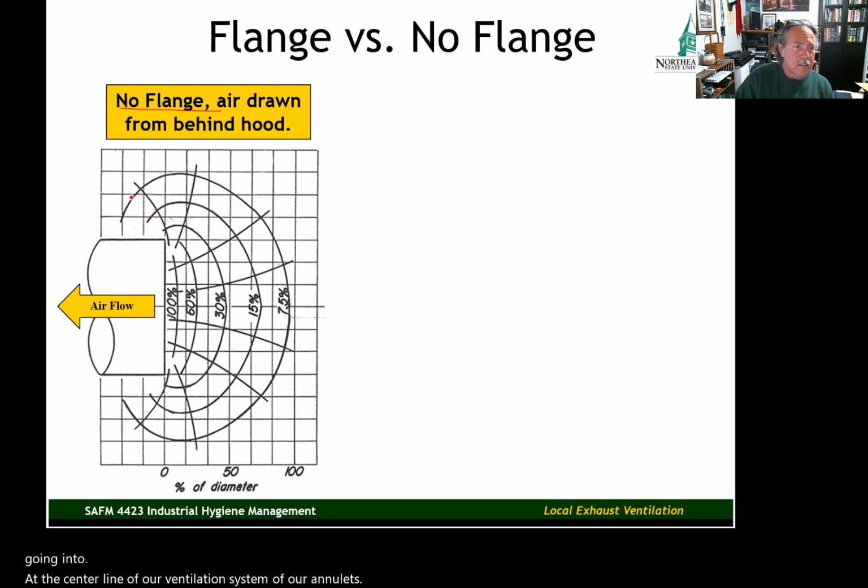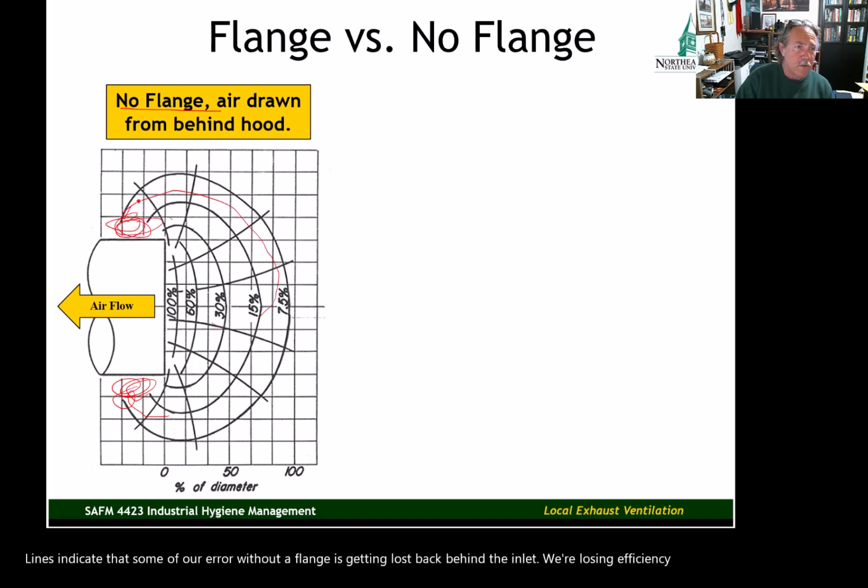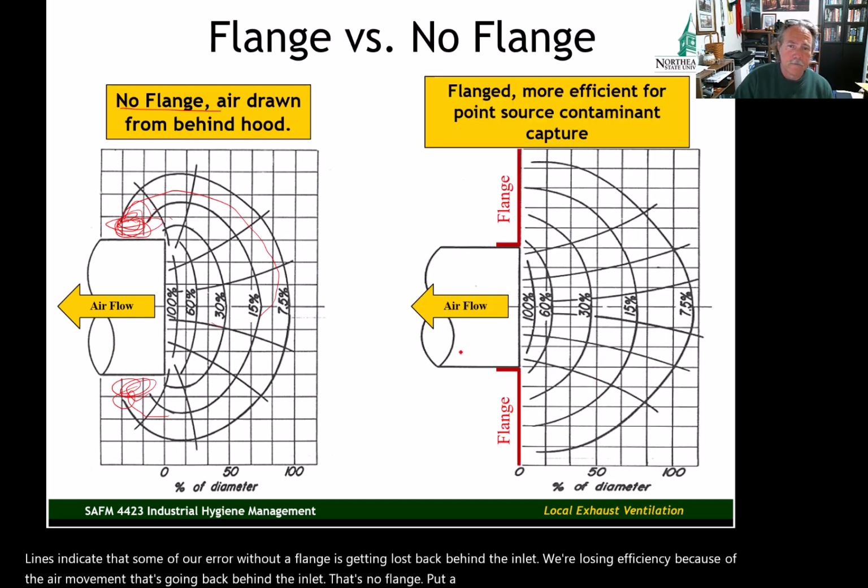But these lines indicate that some of our air without a flange is getting lost back behind the inlet. We're losing efficiency because of the air movement that's going back behind the inlet. That's no flange. Put a flange on it.